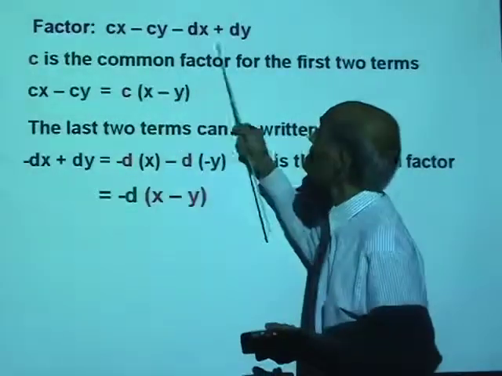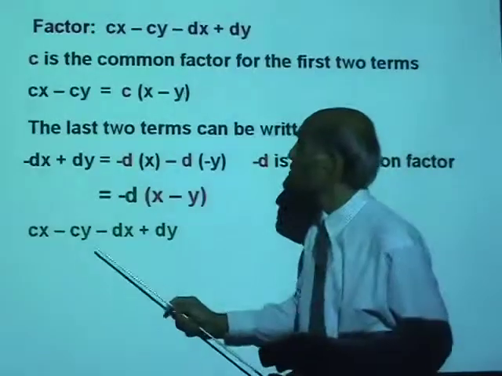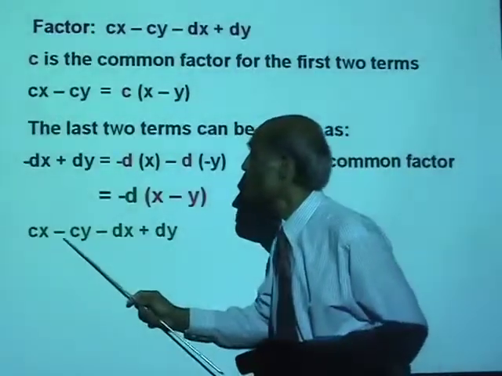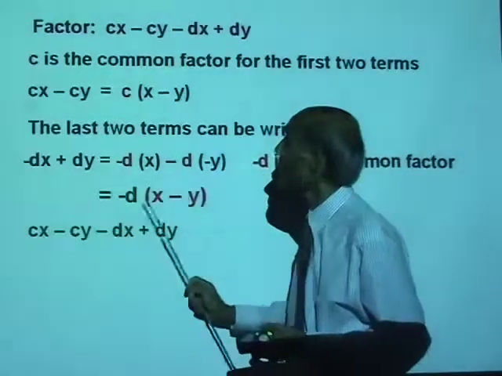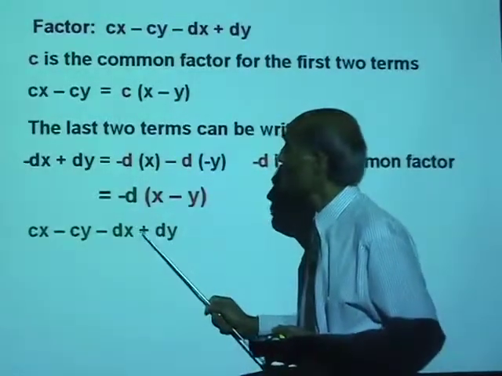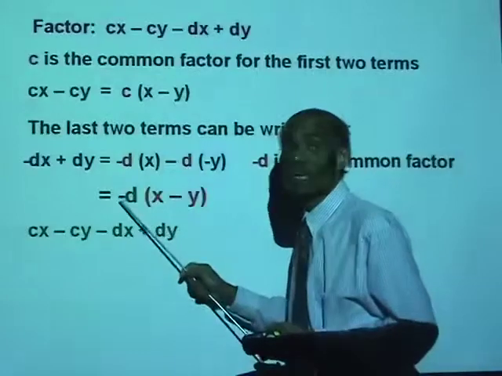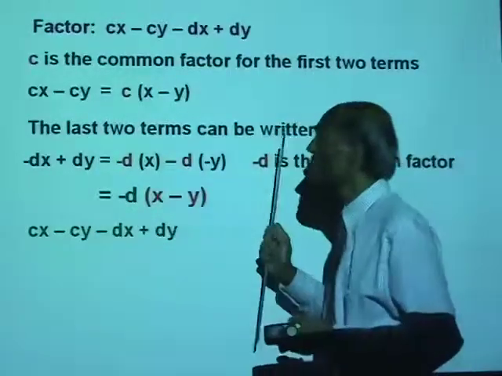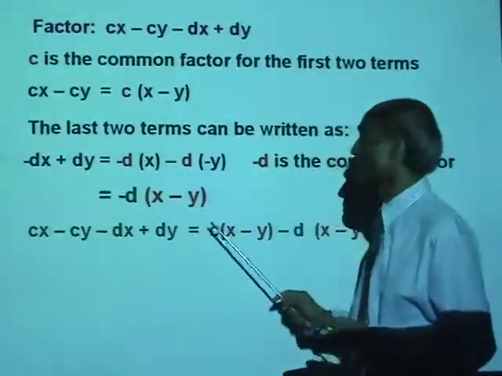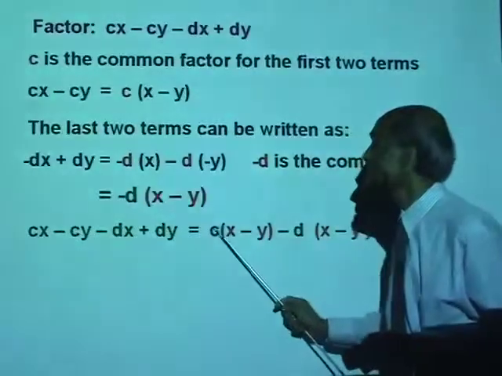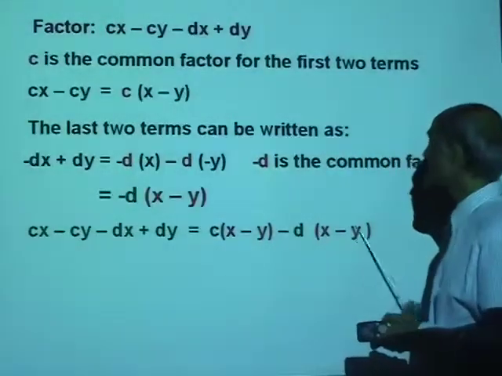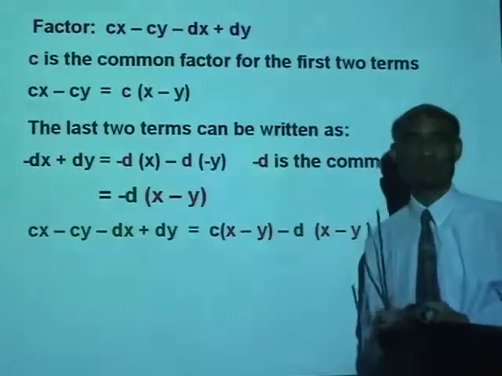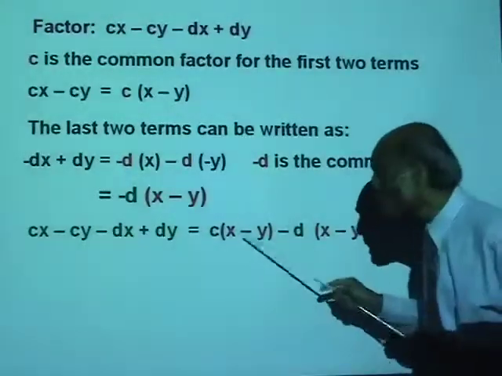Now let's combine the two together. Therefore, the whole expression can now be written as cx minus cy is c times x minus y, and minus dx plus dy is minus d times x minus y. So that will be c times x minus y minus d times x minus y. What is the advantage?